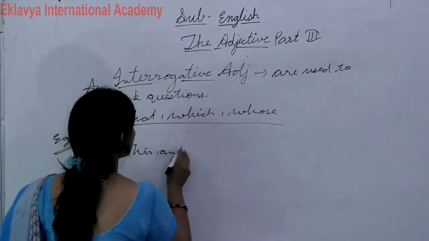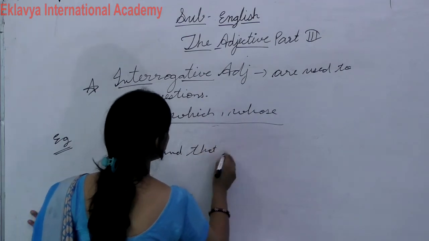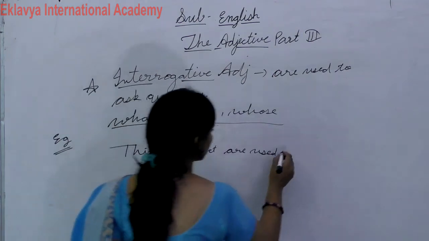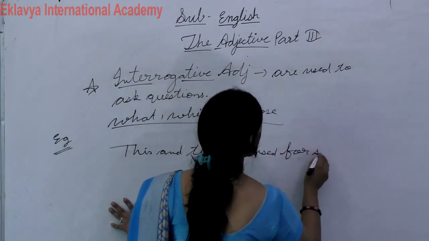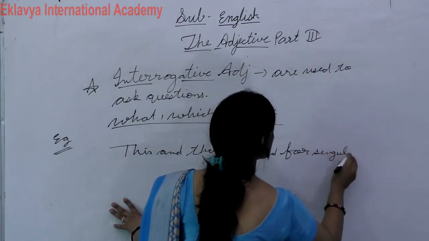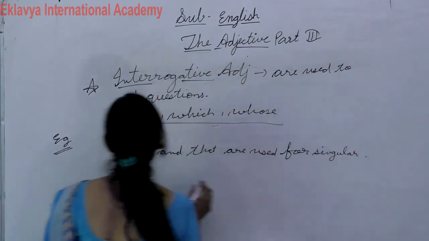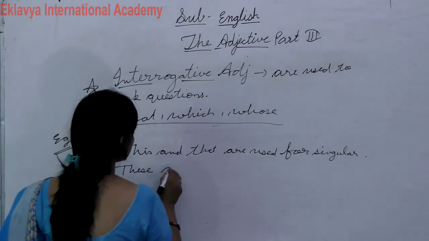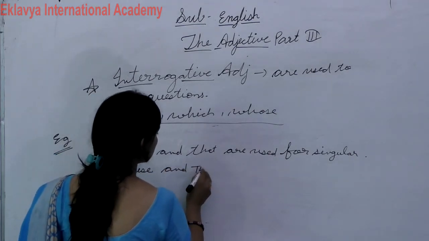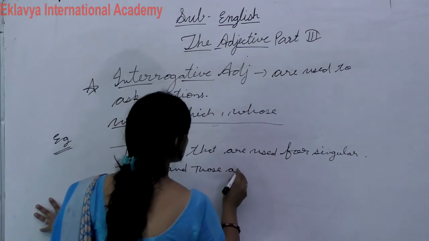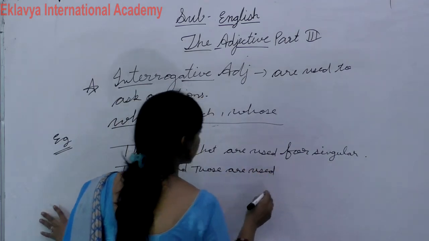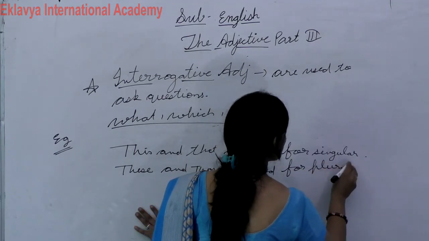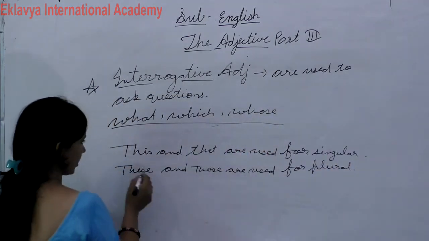This and that are used for singular, these and those are used for plural.